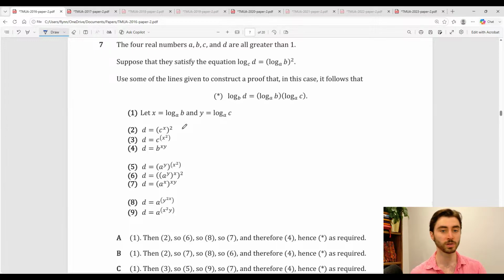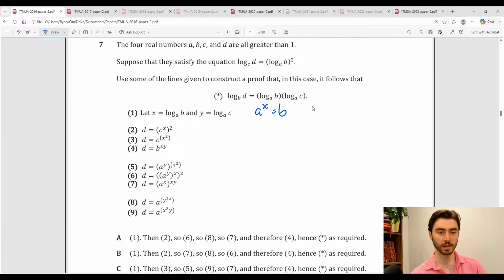So if x is equal to log a of b and y is equal to log a of c, then we can say that a to the x equals b, and we can say that a to the y equals c. We can also say that log c of d is equal to x squared, which means that c to the x squared equals d.